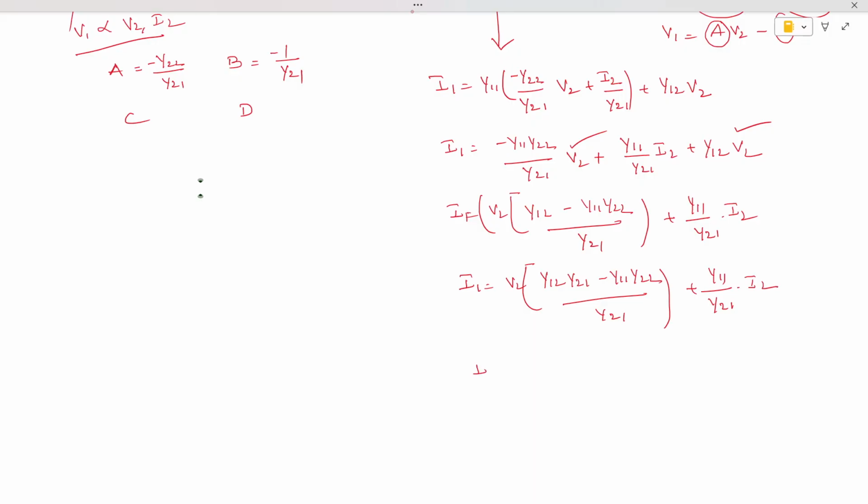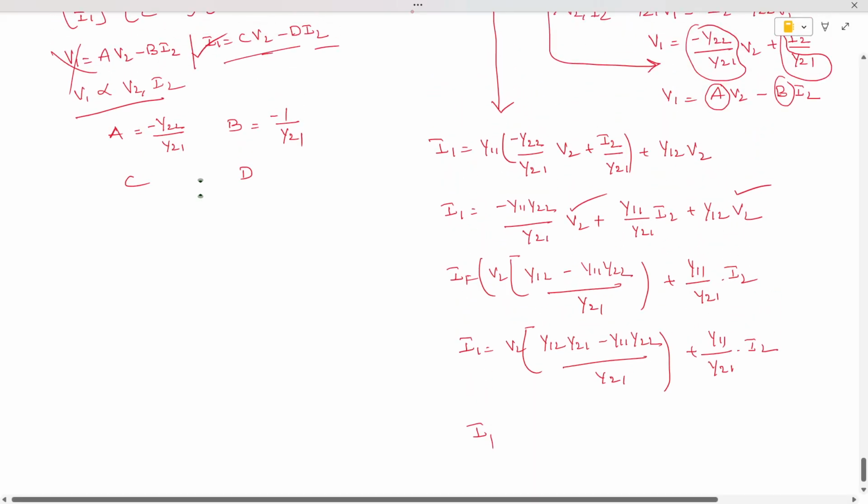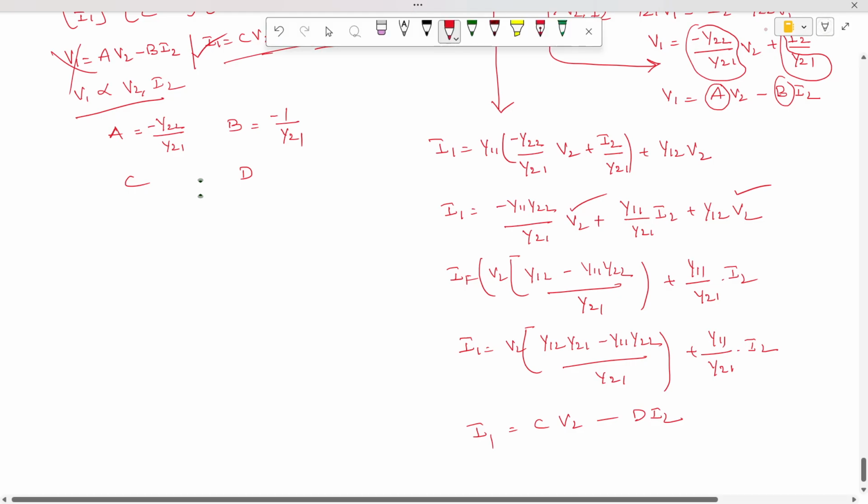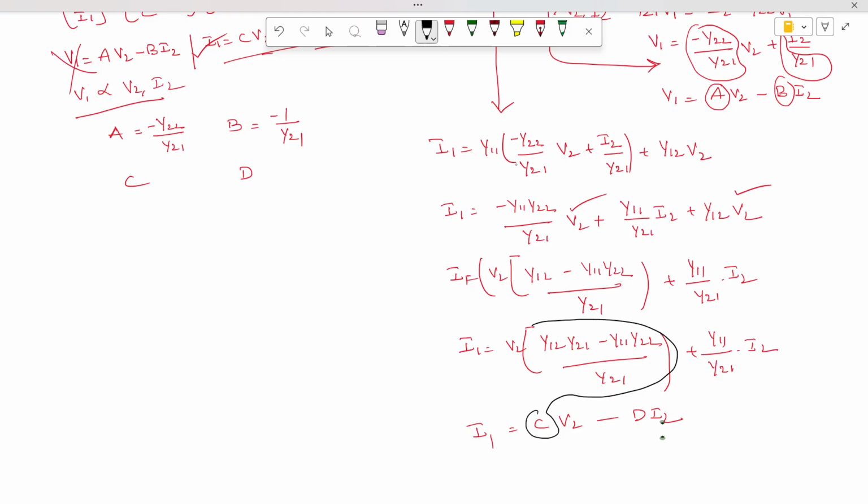So when you compare with the standard expression, what we have here, I1 is equal to C V2 minus D I2. So therefore, what we are going to get here is the value of C is this one. The value of D is this one. So the value of C is equal to Y12 Y21 minus Y11 Y22 divided by Y21.